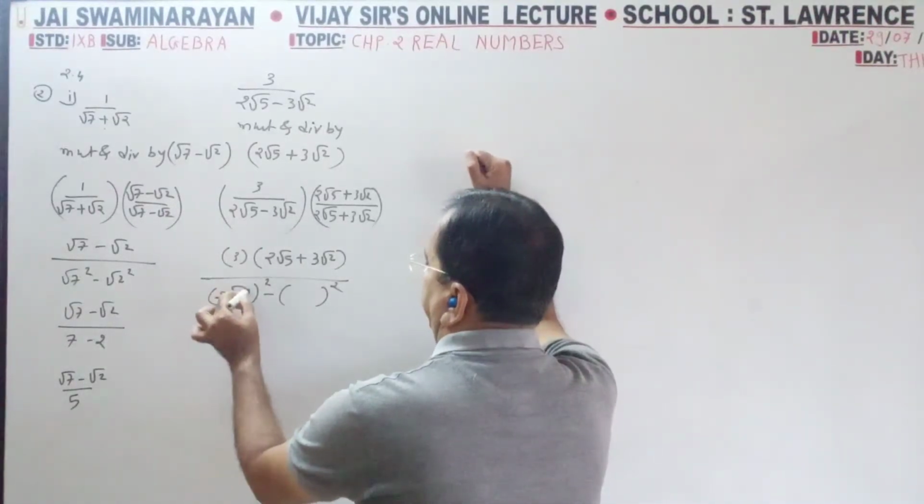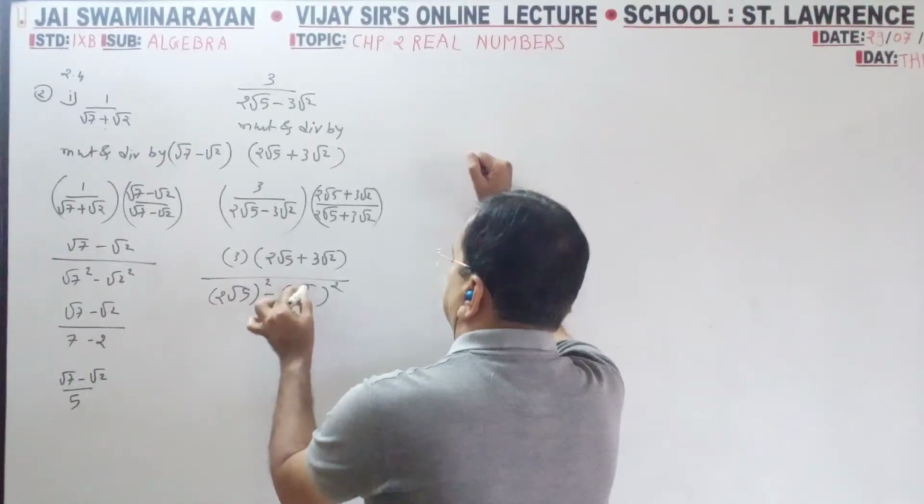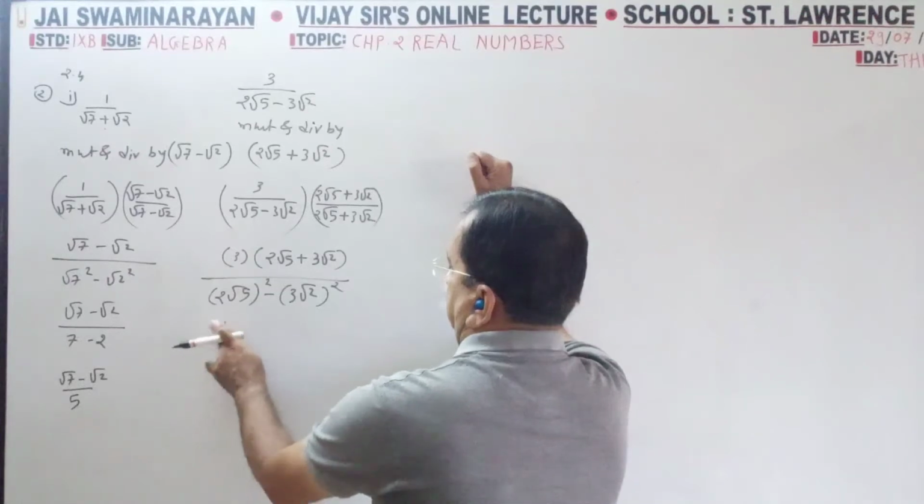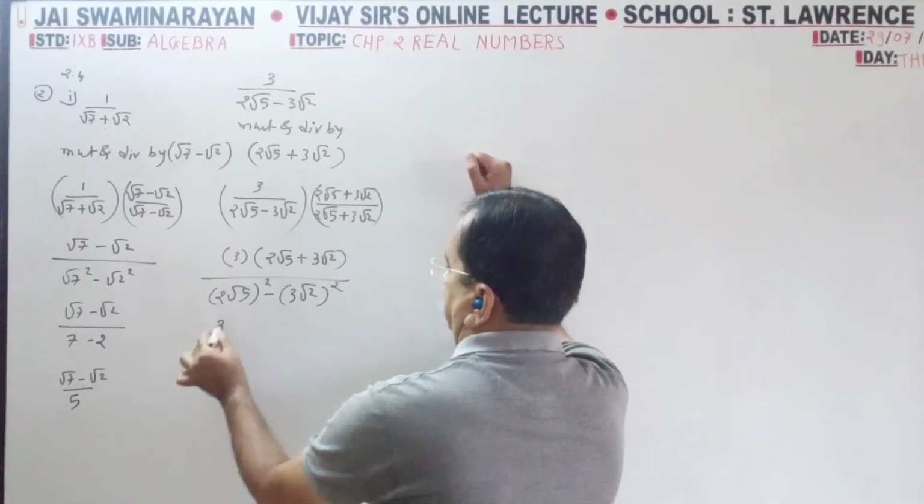So 2 root 5, 3 root 2, this into this at the end, okay? Same.